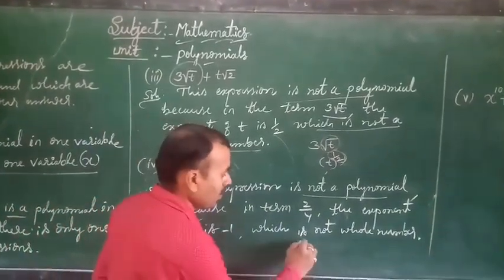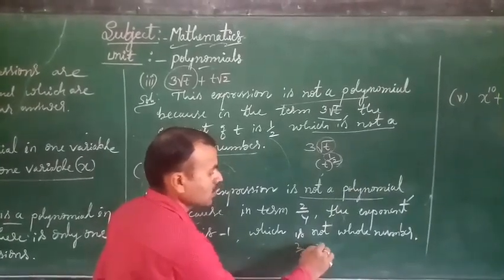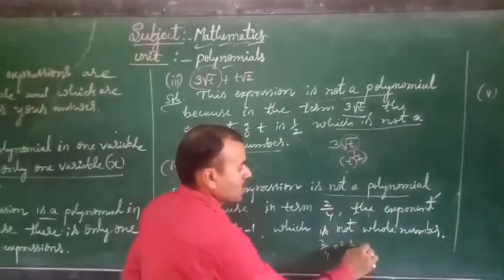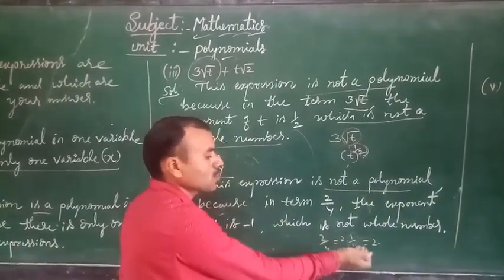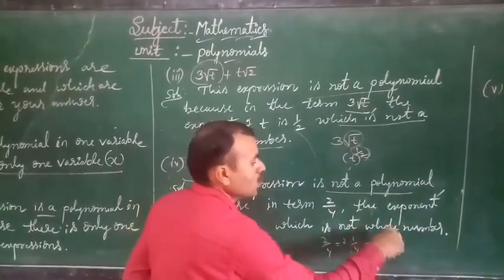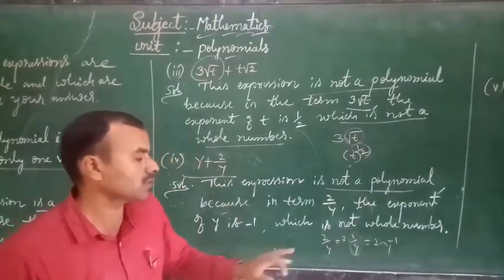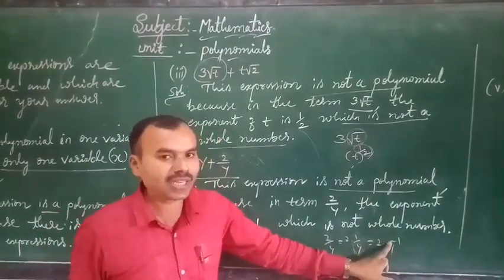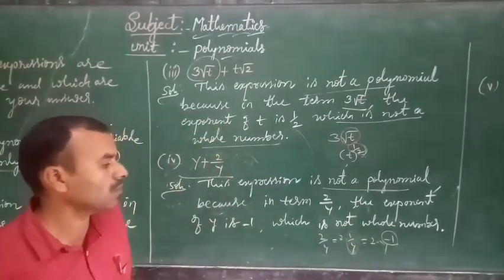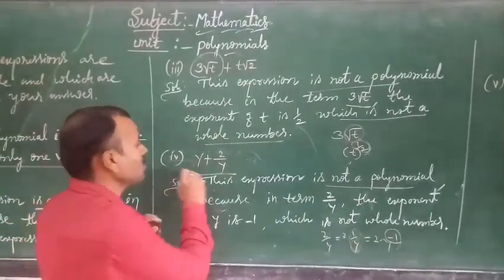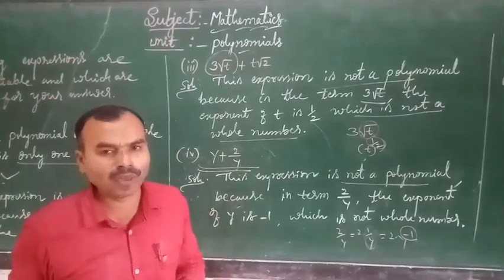Here 2 by y is written as 2 into 1 by y. So the y in the denominator transposed into the numerator becomes y to the power of minus 1. The exponent minus 1 is not a whole number, so this expression is not a polynomial.